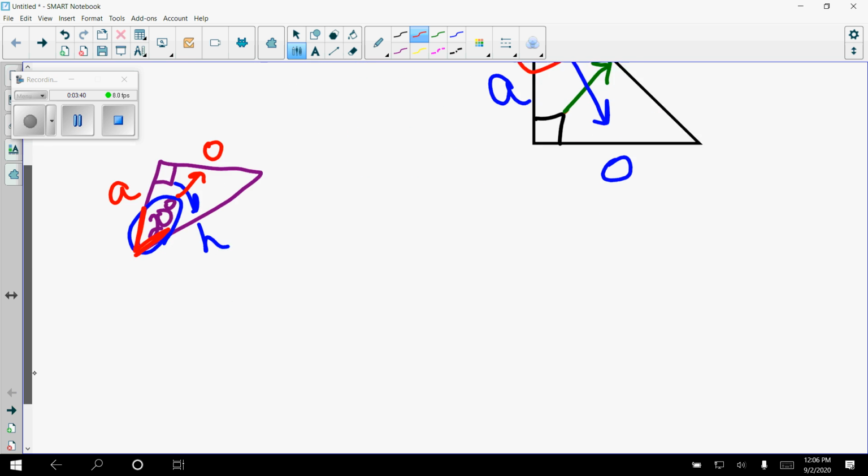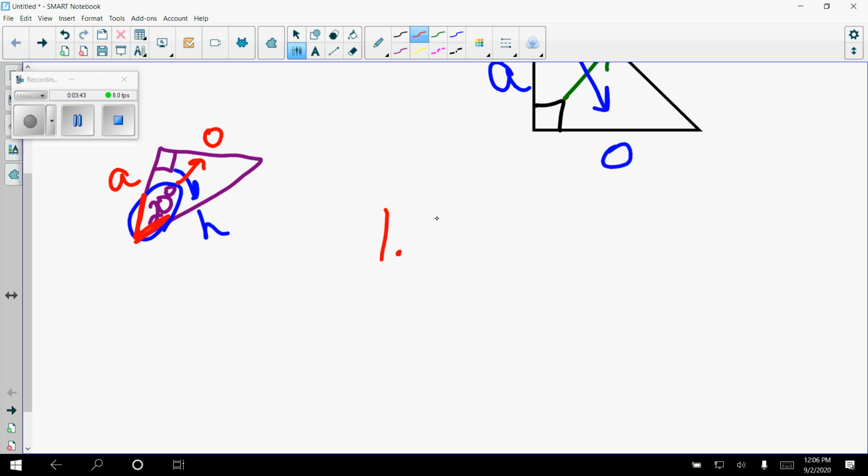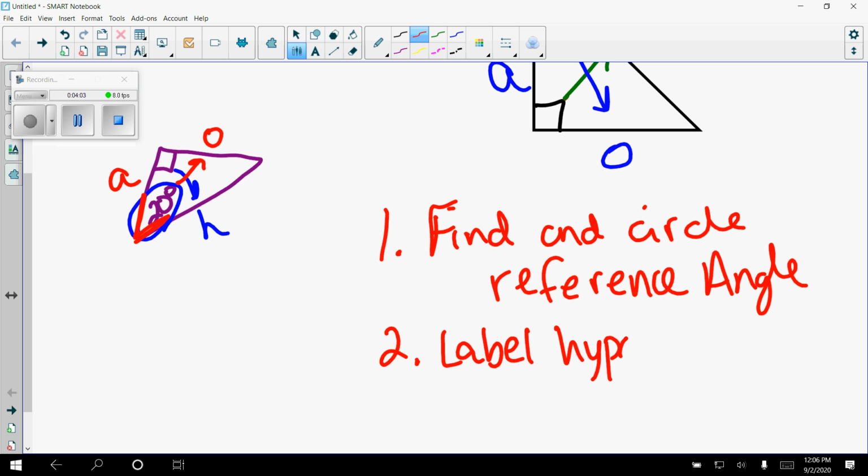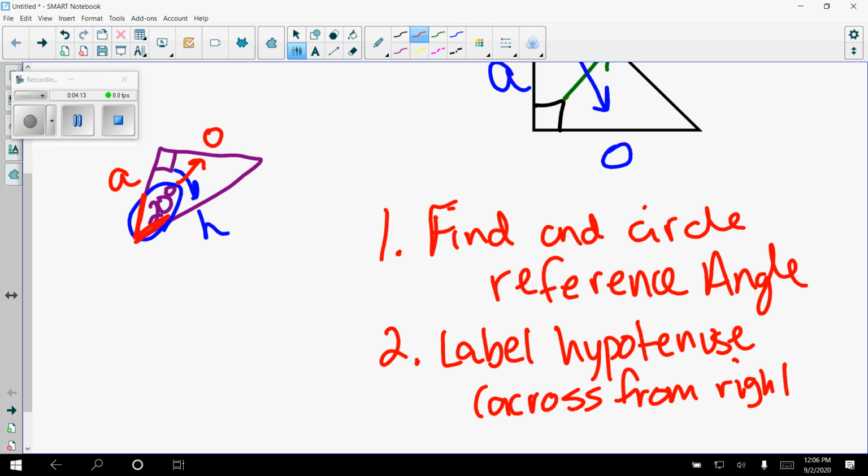Okay, so the steps I'm going to use. Number one, find and circle the reference angle. Number two, label the hypotenuse. And remember that's across from the right angle.